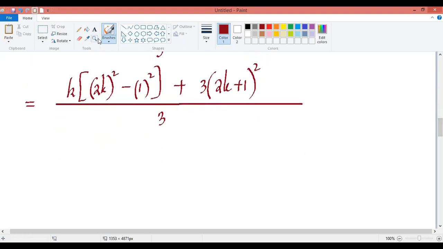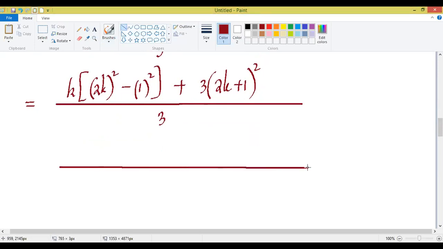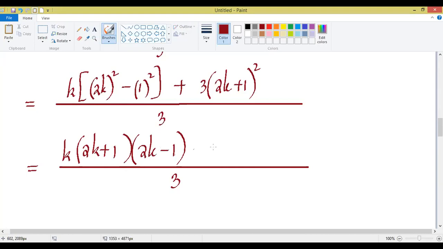which pushes us to a statement like this: a 3, and then you write k. I don't know whether people have seen a difference of 2 squares there, which is 2k plus 1 into 2k minus 1 plus 3 into 2k plus 1.